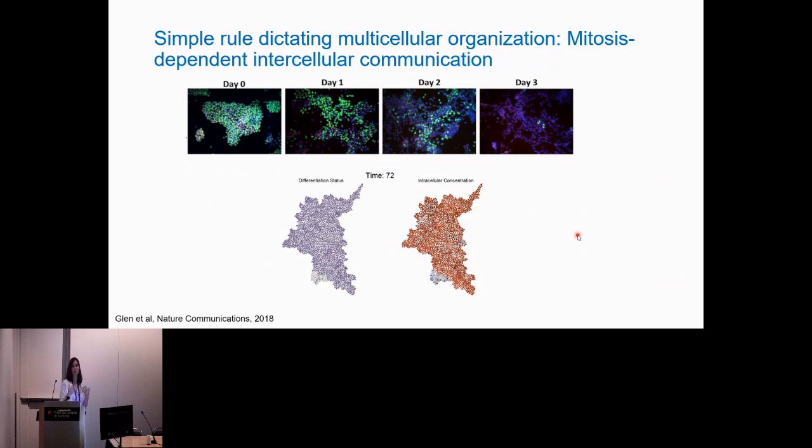And so that's just the simple rule here. And yet it was capable, just by concentration gradients alone, of creating a differentiation propagation wave, which resembled what we were seeing in terms of the propagation of contiguous, non-random loss of pluripotency across the colonies of interest.